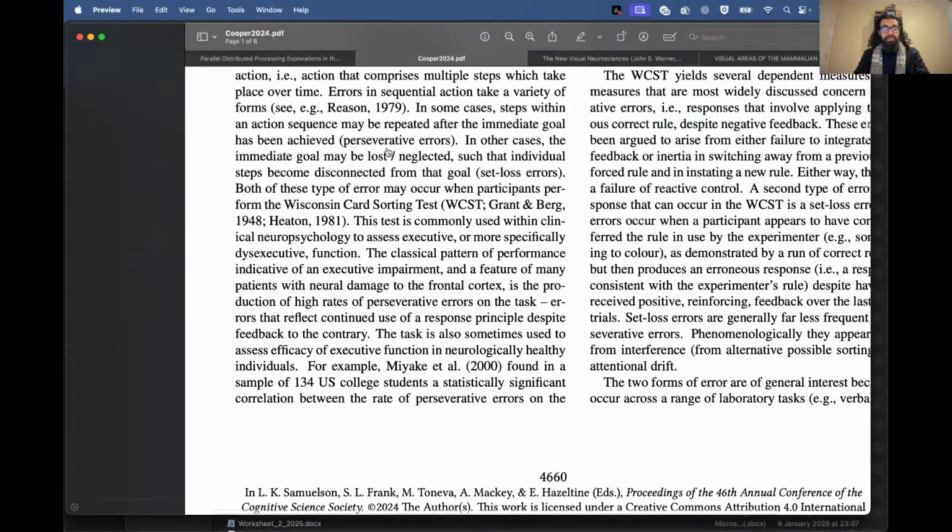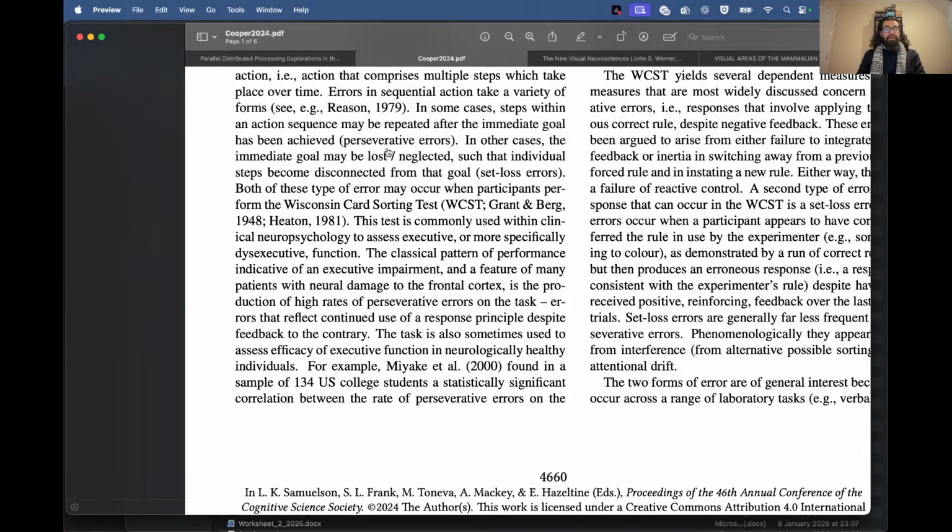Errors in sequential action take a variety of forms. In some cases, steps within an action sequence may be repeated after the immediate goal has been achieved. In other cases, the immediate goal may be lost or neglected, such that individual steps become disconnected from that goal.